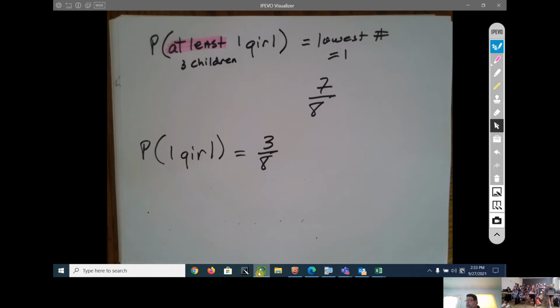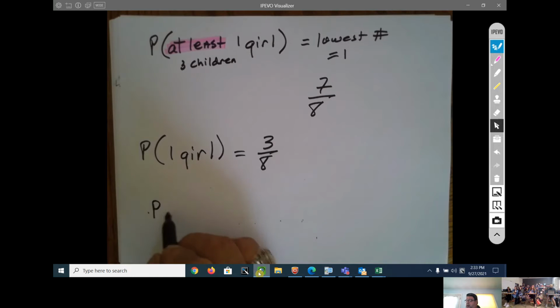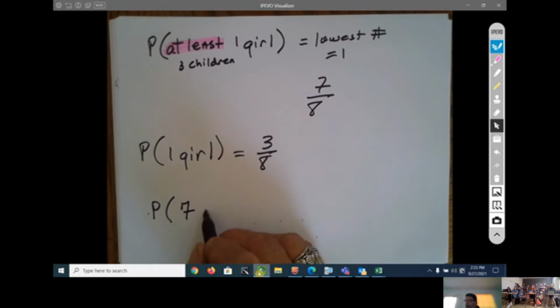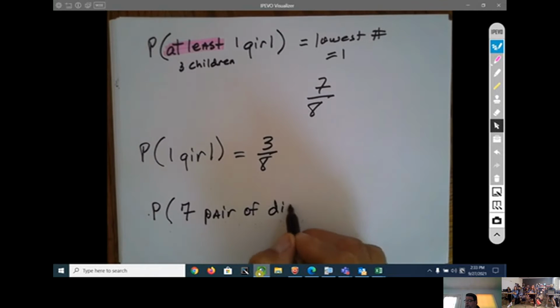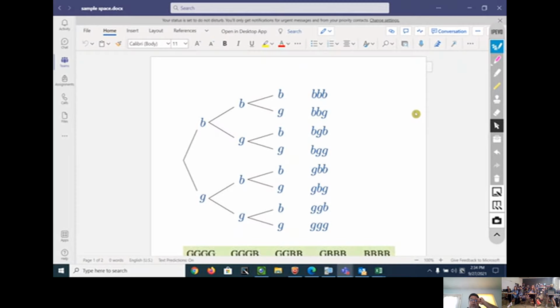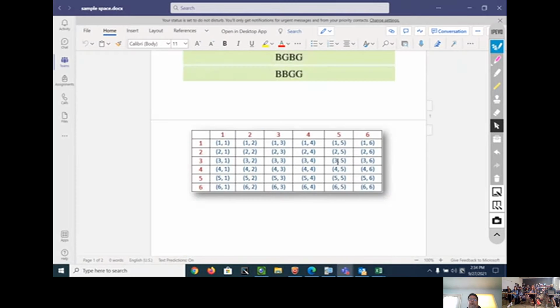How about the probability of rolling a 7 on a pair of dice? You just go to your handy dandy handout and find 7.